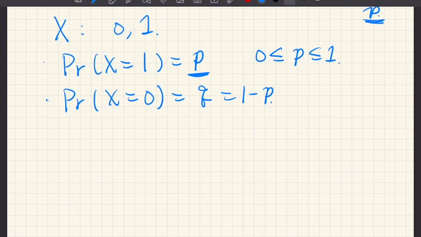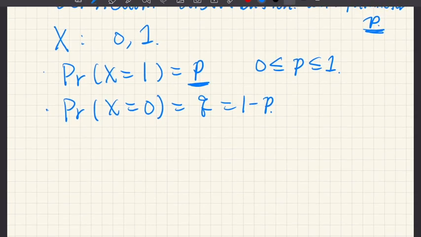For example, let's calculate the probability generating function of the Bernoulli random variable x. By definition, it is the expectation value of s to the power of x. But x can take only 0 or 1.